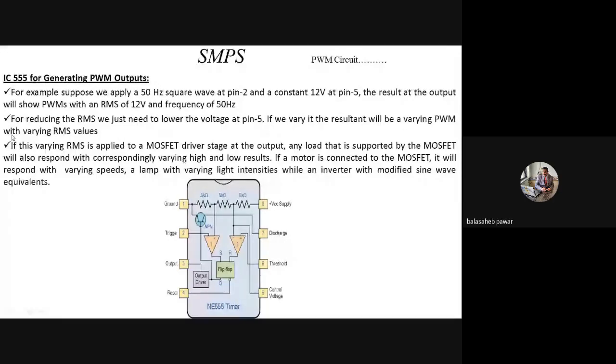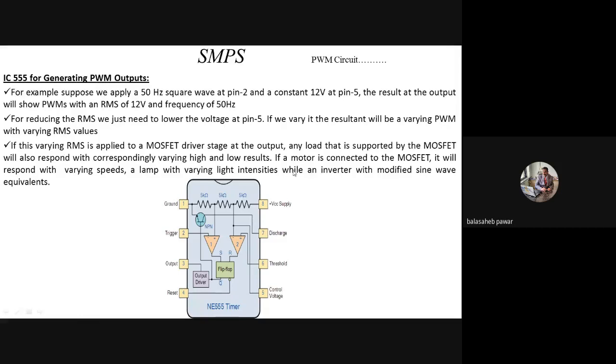If the varying RMS is applied to a MOSFET driver stage at the output, any load that is supported by the MOSFET will also respond with corresponding varying high and low results. We'll see how that IC555 generates that logic low and high levels.